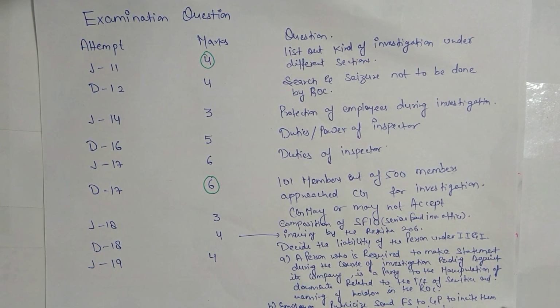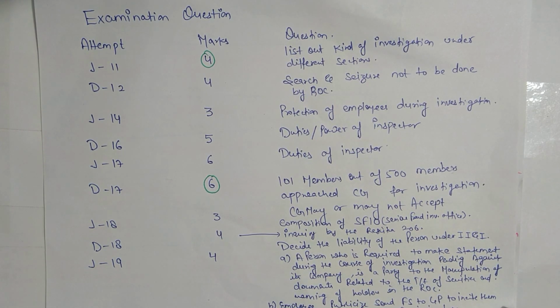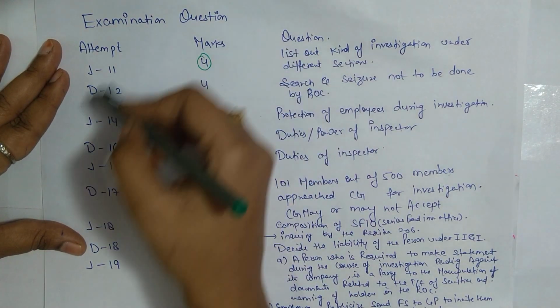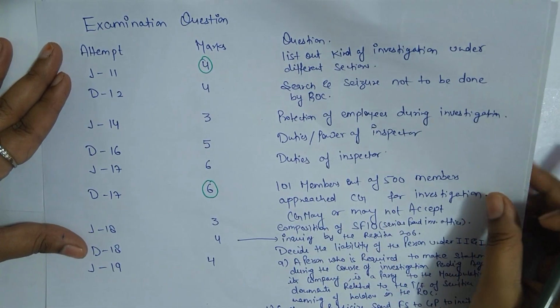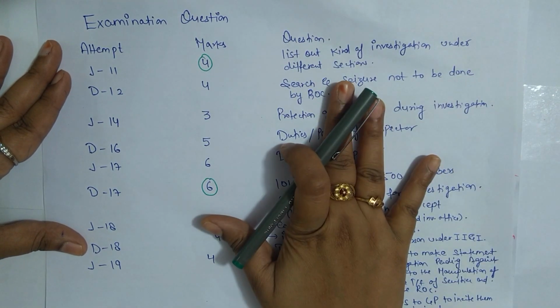So this is the chance; this time we may get a question from this topic. That's why I give you the picture of the questions. Fine, so this is the examination question.